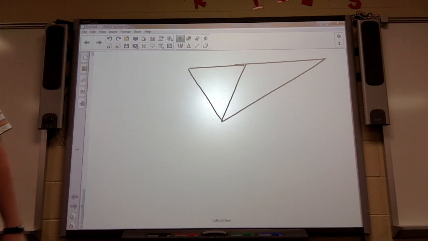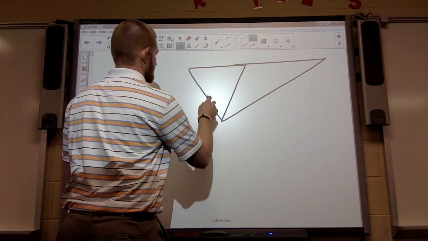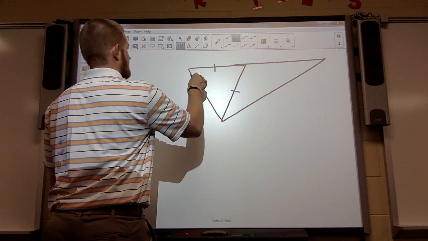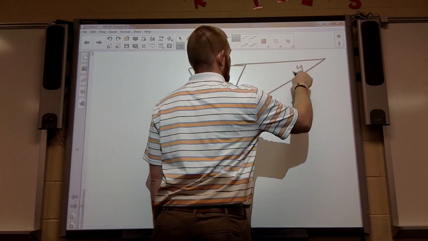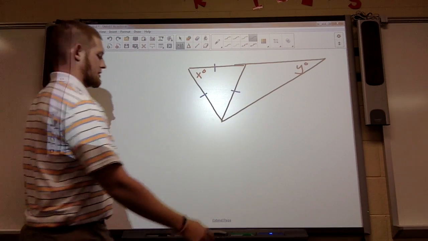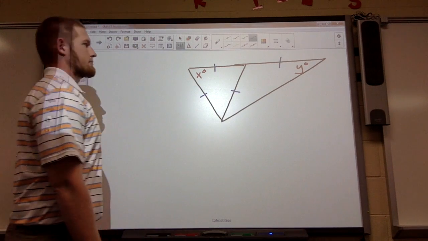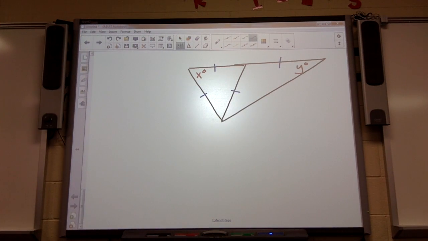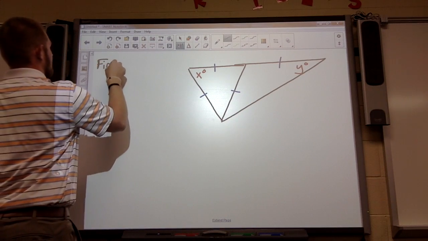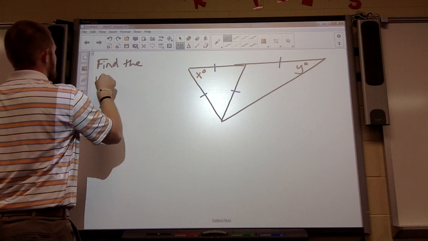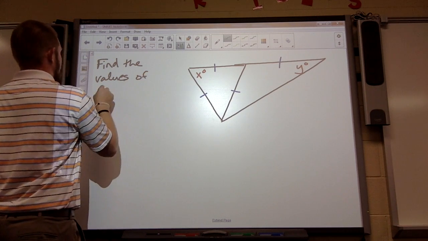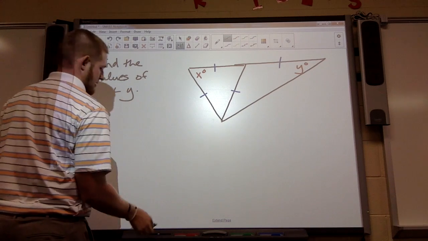And it tells me, even though it might not look like it, that these three sides are all congruent, that this is x degrees, and this is y degrees. Oh, it also tells me that this side's congruent to those. Okay, I want to find the values of x and y.